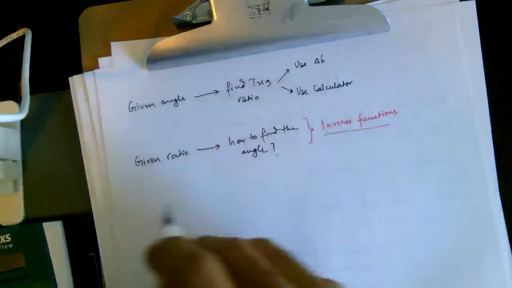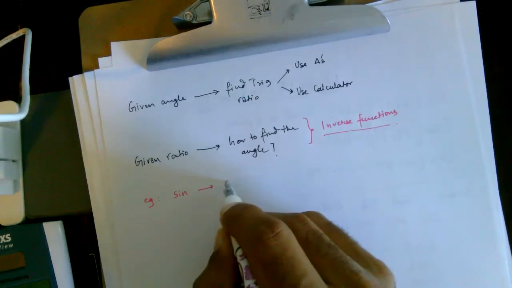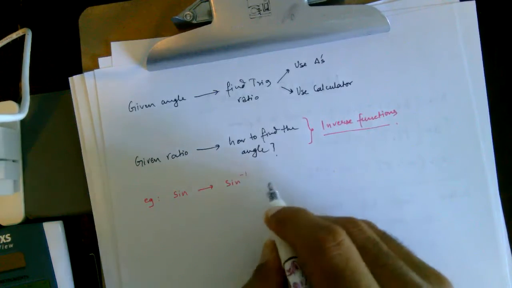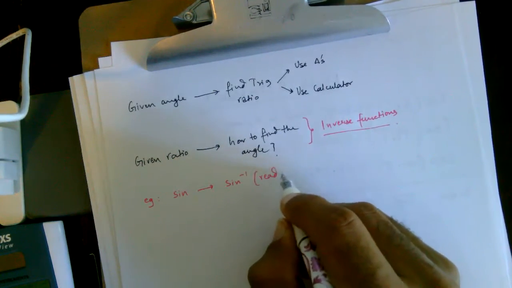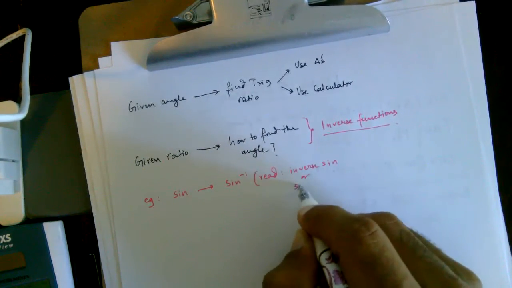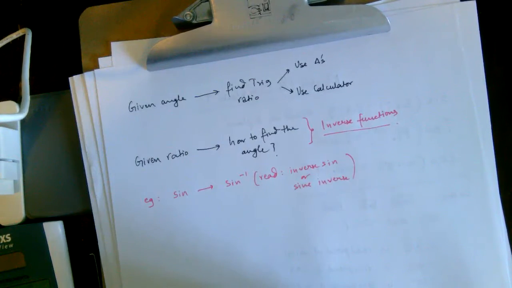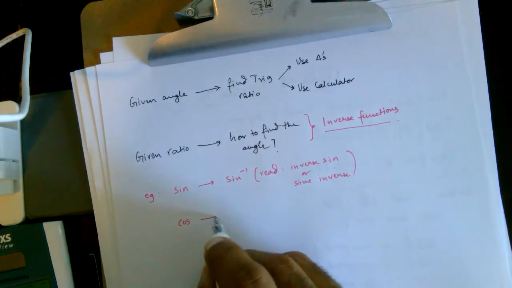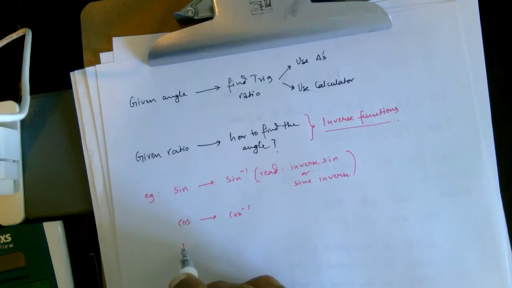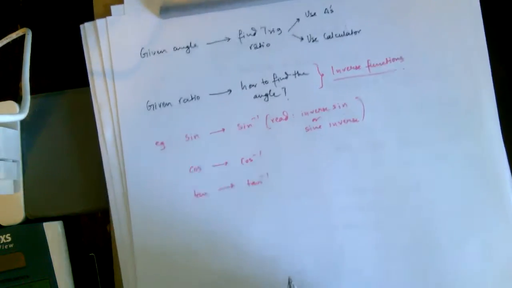So for example, for sine, the inverse is sine to the negative 1, which you read as inverse sine or sine inverse. Similarly for cosine, it's cosine inverse, and for tangent it's tangent inverse.